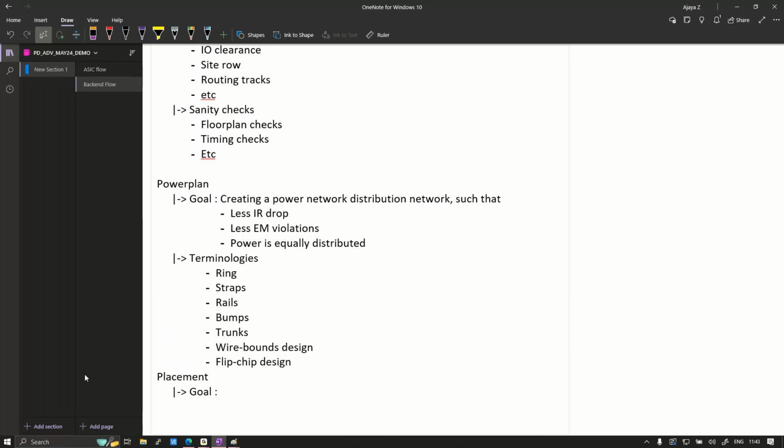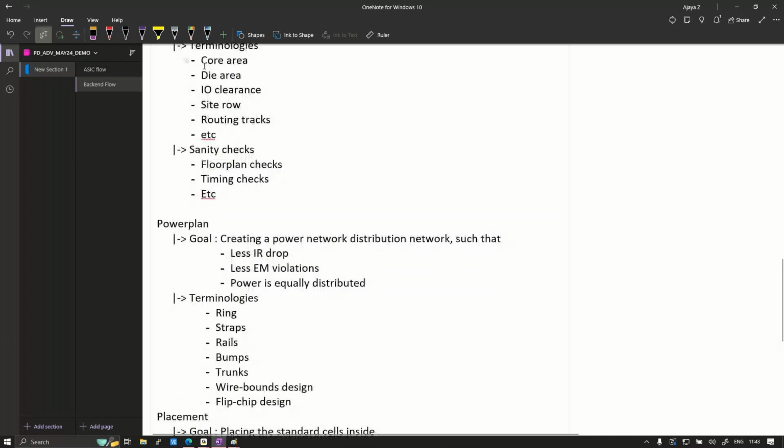Okay, in placement, we are placing the standard cells. Where do I need to place the standard cells? Inside which area? Earlier we discussed three terminologies. Core area.